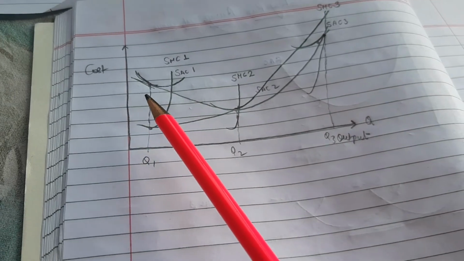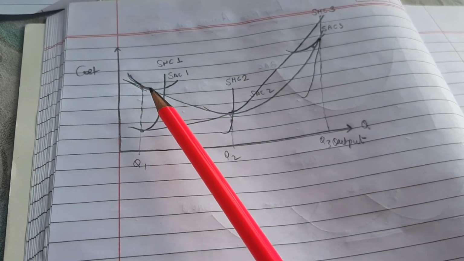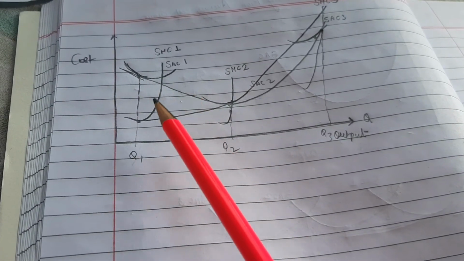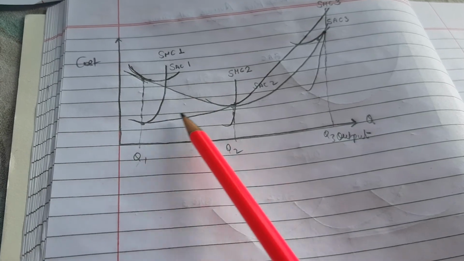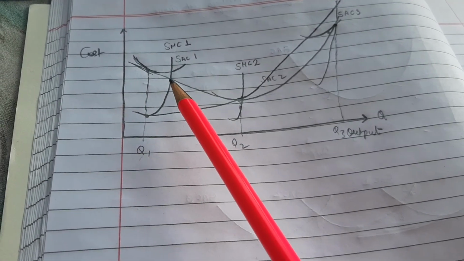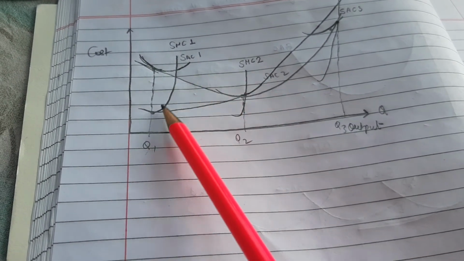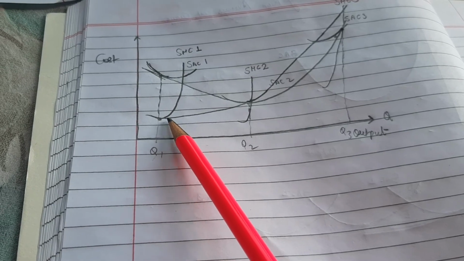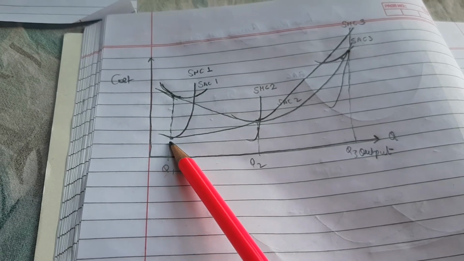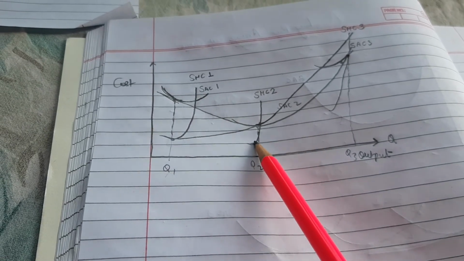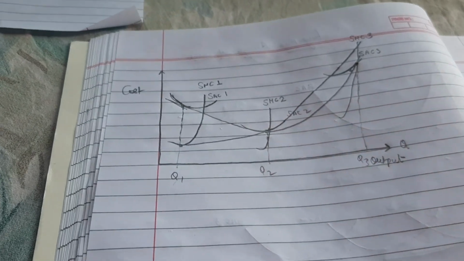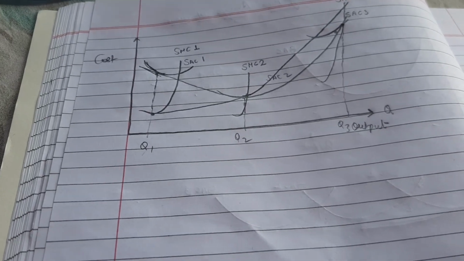Now, at the point of intersection of SAC1 and the long run curve, for the same output Q1, we get the point at which the long run marginal cost curve is going to be the tangent of the short run marginal cost curve. So SMC1, when I draw it here, the point of intersection of the short run marginal curve and the long run marginal curve would be exactly this point. So for the different plants, this is what I've got, and then I've joined all of them to find the long run marginal cost curve. Thank you.